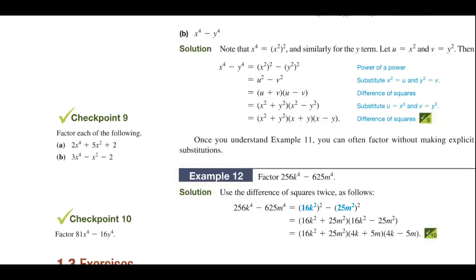In letter B, as we note, we could just factor that, x squared, y squared, y squared, plus, minus. But notice now, again, you have still the difference of perfect squares.